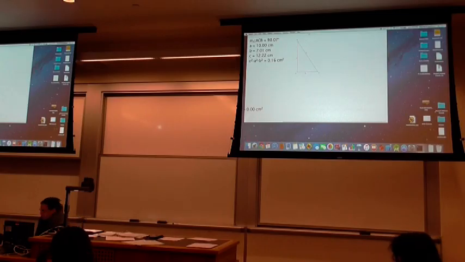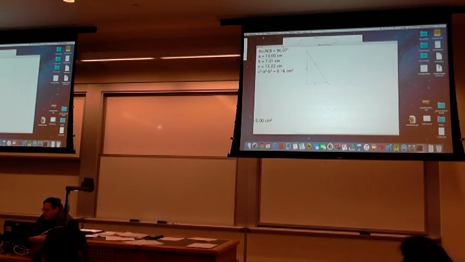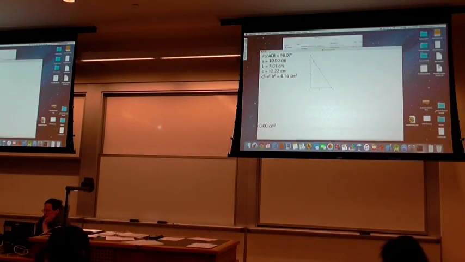Okay, can everyone see this diagram here? I have a triangle, sides A, B, and C. I guess it's a little small. Does everybody see this okay? I've constructed it in a certain way. I've made it so that side A is fixed.